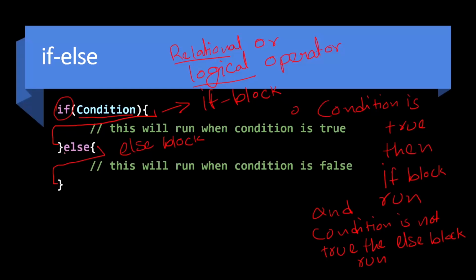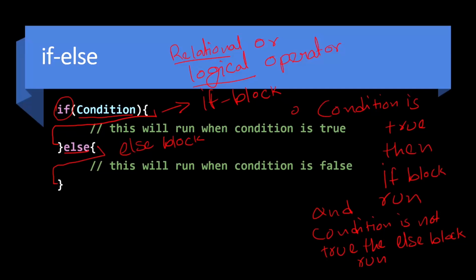This is also a reserved keyword in C. Say you want to print whether a person is adult or not. You provide the condition, but the user entered that the age is 15, so it is not adult.